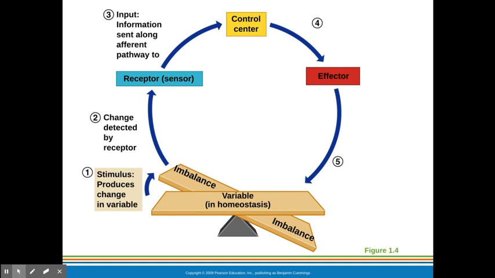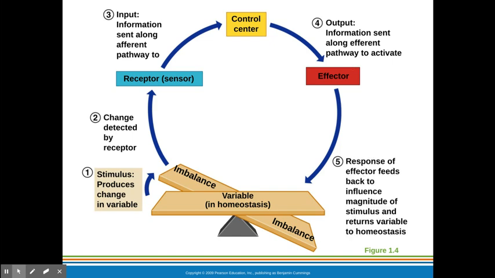At that point, the information is sent along an afferent pathway to the control center. Now, in this case, the control center is going to be your brain. You have some interneurons. That's beyond here. We'll talk about that in Chapter 7, the nervous system. And at that point, the output will be formed, and the information is sent along an efferent pathway to activate the effector. In this case, if it's hot outside, it will be your skin.